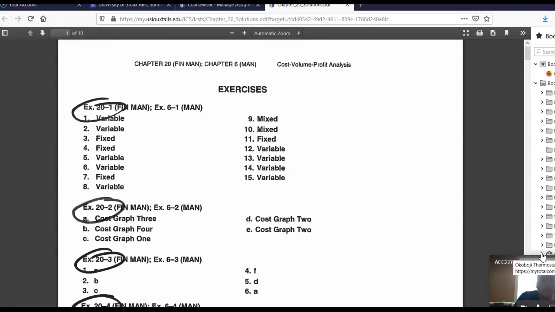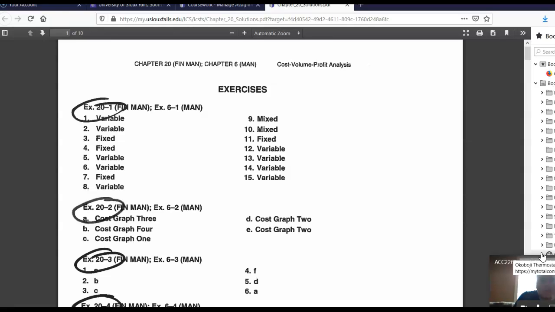The photocopier lease is $1,000 a month. If you don't even turn the thing on, it's $1,000 a month. The moment you start making photocopies, it's $1,000 a month plus 0.001, so just less than a penny per copy. So that's a mix. So it's fixed for the first 1,000, and then it starts to go up after that.